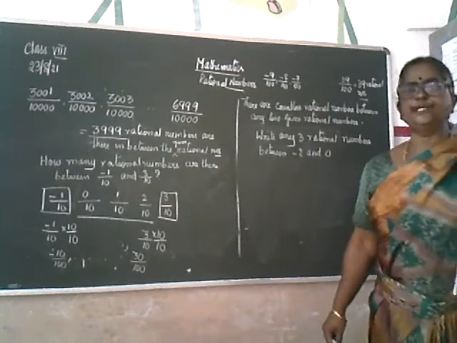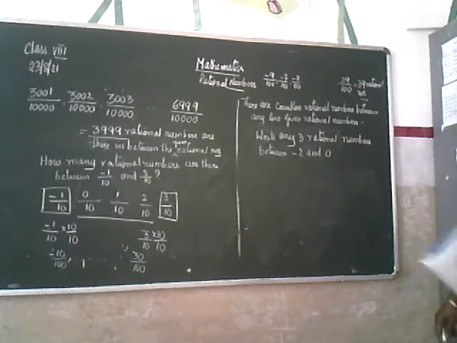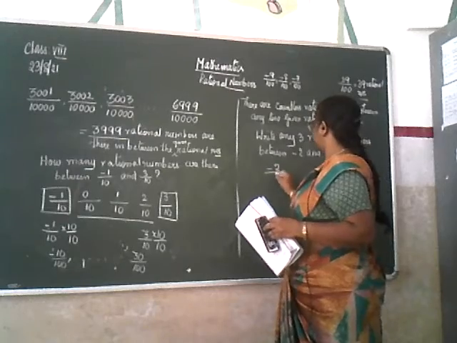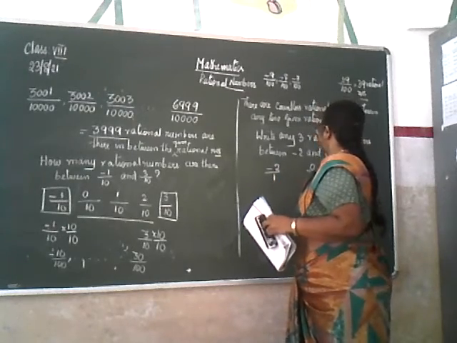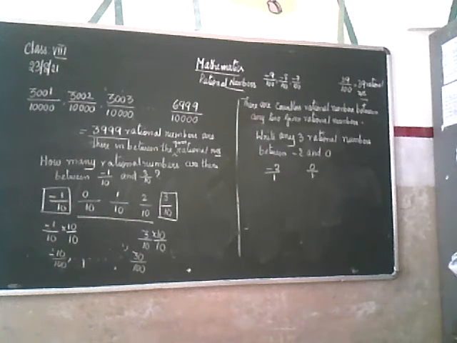Okay. So he is asking any three rational numbers. So you can consider, if there is an integer, minus 2 by 1, that is minus 2, and 0 by 1 is 0.